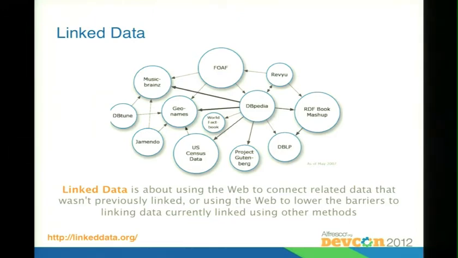So for example, if you go to Wikipedia and check Berlin, you will get all the history about Berlin, the population, political details. But in Wikipedia, there is a link to GeoNames, or there was a link actually to GeoNames.